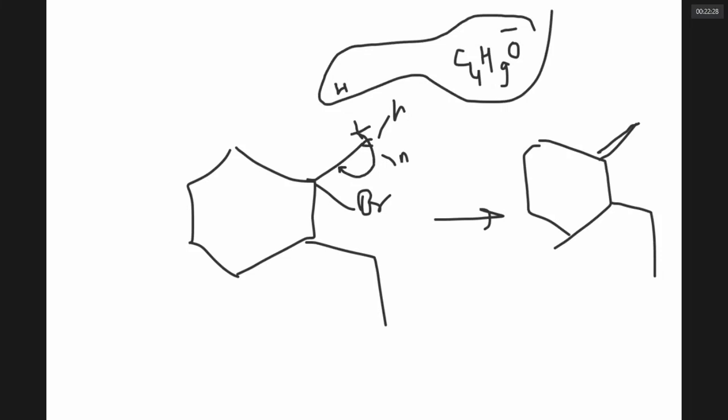Then immediately Br minus is ejected out. This is a strange reaction where you get the Hofmann product by a bulky base or at high temperature. Mind you, this is a comparison. Always elimination is competing with substitution.